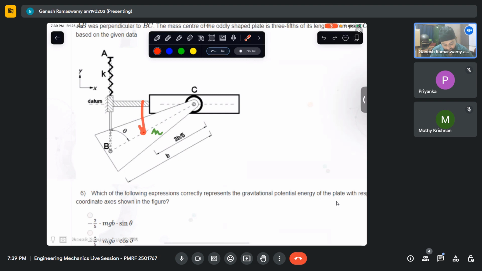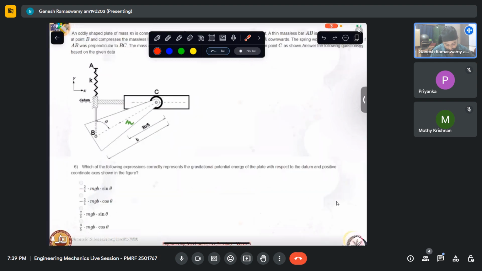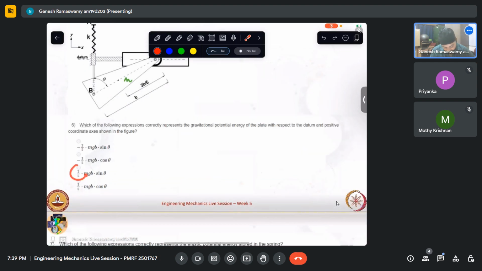This distance is h for mgh. Naturally, it is below the datum in the negative direction, so it will be negative, no doubt. So at one instant, we can see that the third and fourth options are not correct, because gravitational potential energy, according to this datum and positive coordinate axis, it has to be negative. So Vg is nothing but mgh.